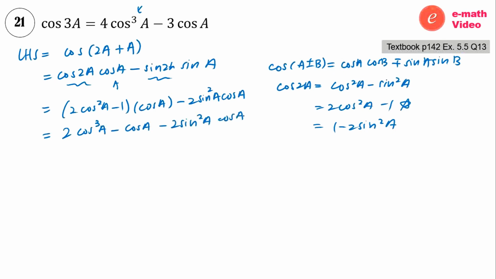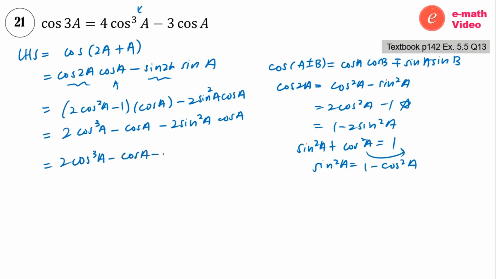cos a. But like I said, we don't have any sin on the right hand side, so we need to get rid of this sin square. And then the formula that connects both of them is the basic identity, sin square a plus cos square a equals to 1. So sin square a equals to, this one move to the right hand side, 1 minus cos square a. Sub it in here, we have 2 cos cube a minus cos a minus 2 bracket 1 minus cos square a times cos a.